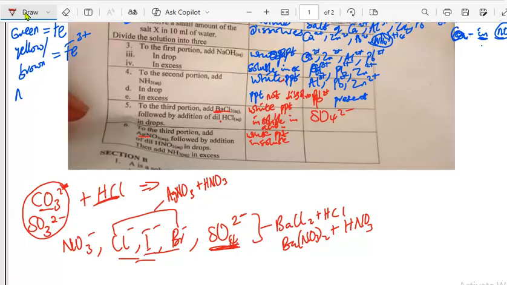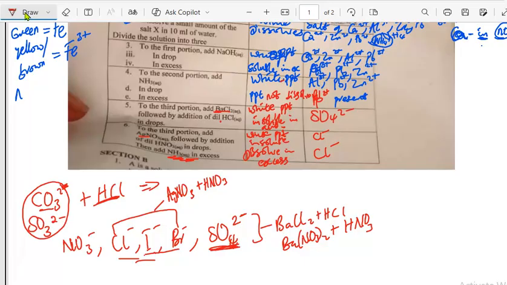So you just report white precipitate. You say chloride ion present. Then, if it is actually a chloride ion, if you add excess aqueous ammonia, it will dissolve in excess aqueous ammonia. If it dissolves in excess aqueous ammonia, then chloride is confirmed.